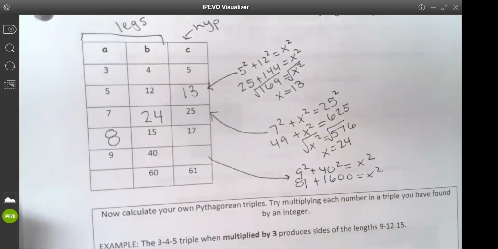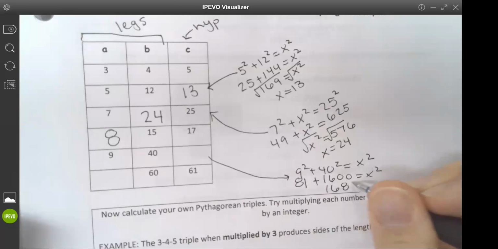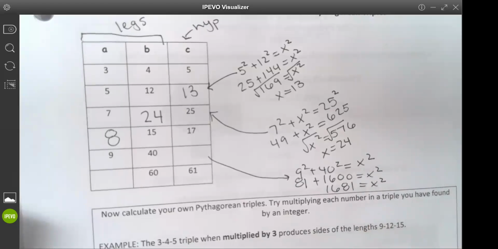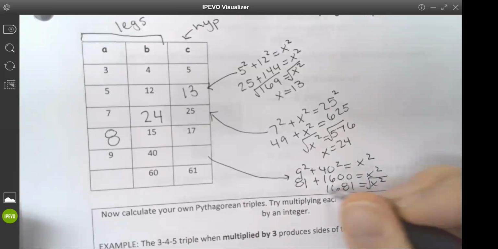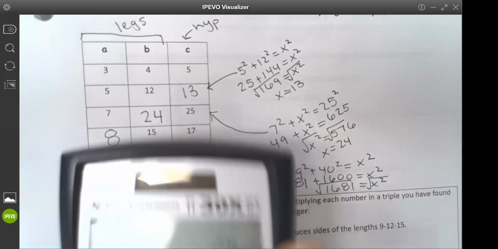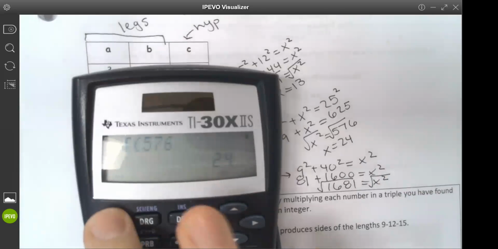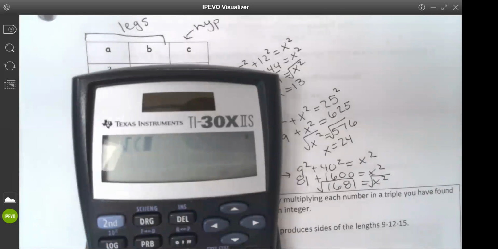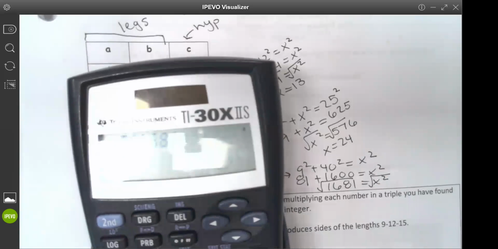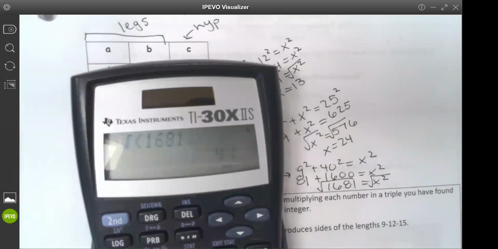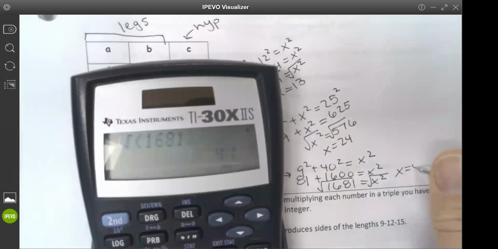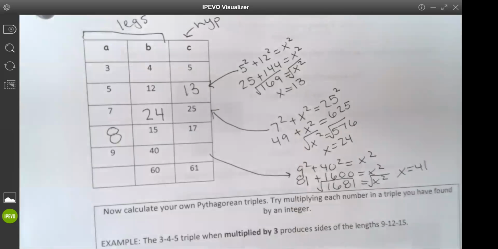So I'm going to have 1681 equals x squared. And to get x, we need to take the square root of that. So again, in our calculator, second x squared, 1681, enter, gives me 41 for my third side of that triple.